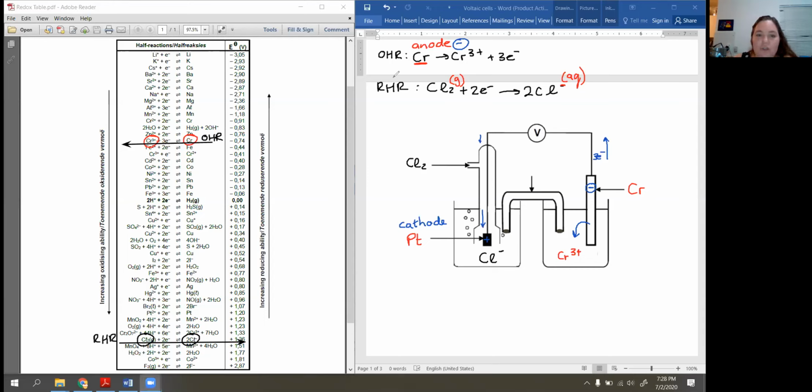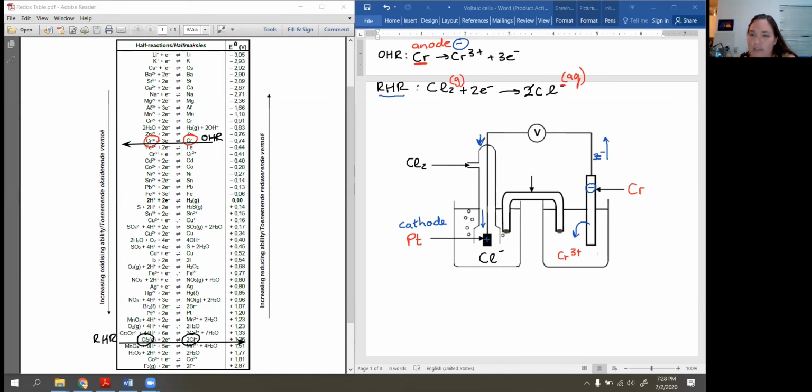Okay, so just quickly, Tristan, the reason that platinum is the cathode is that if we don't have an electrode in the reduction half reaction, you can't have a gas carry electrons up to the voltmeter or carry electrons from the voltmeter down into the half cell. And you can't have the chloride ions do it.